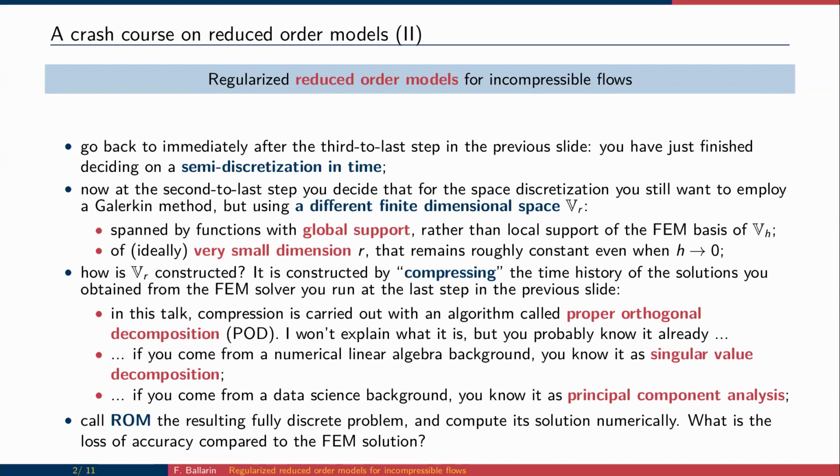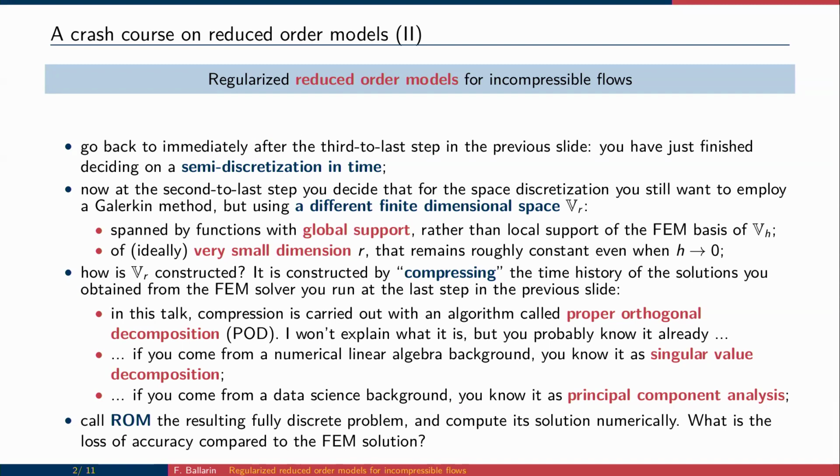So how is this VR constructed? It is constructed by compressing the time history of the solution you obtain from the finite element solver that you run in the previous slide. In this talk, and mainly in my work, I use an algorithm which is called proper orthogonal decomposition. I won't be explaining to you what that is, but if you come from a linear algebra background, you know it surely as singular value decomposition, or if you come from data science, you know a very similar concept as principal component analysis.